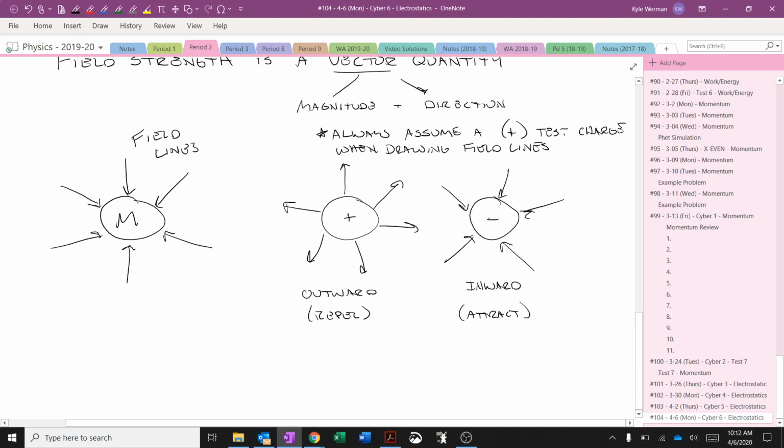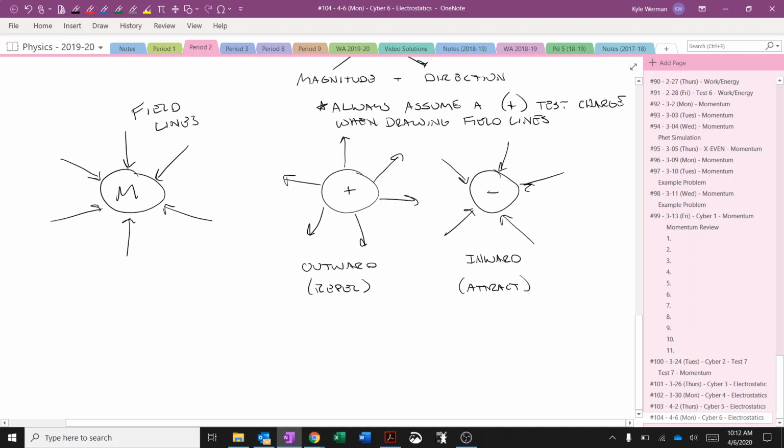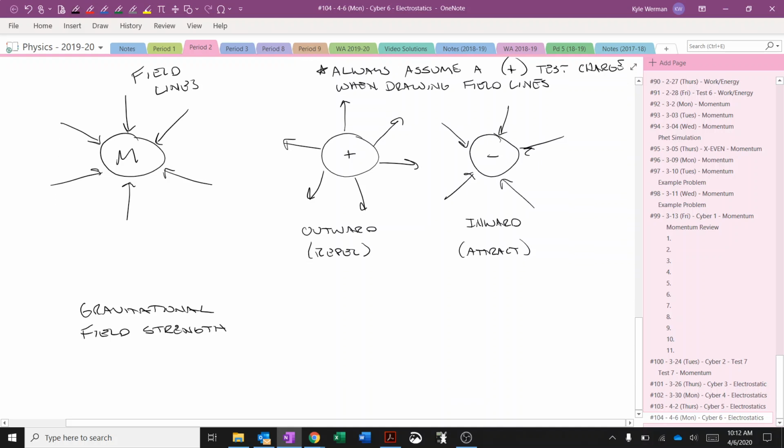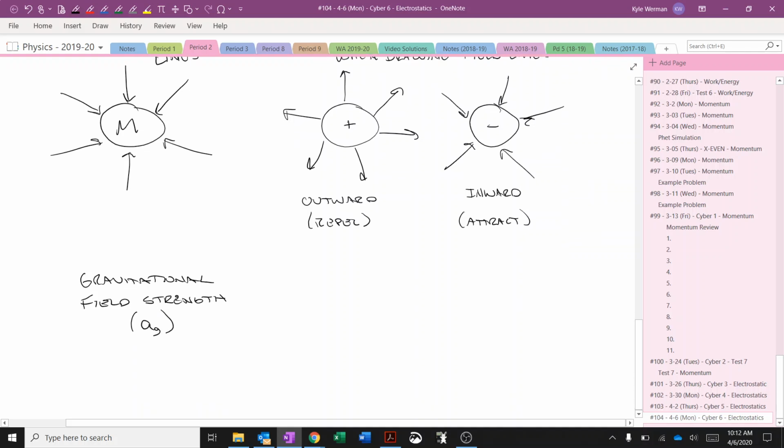And if we want to actually quantify how strong this field is, well, we've done this before with gravity. Gravitational field strength, we've seen before. What letter do we use for gravitational field strength? You guys remember? Hopefully you remember, we did this with Newton's universal gravitation, and it was just a_g, the acceleration due to gravity.